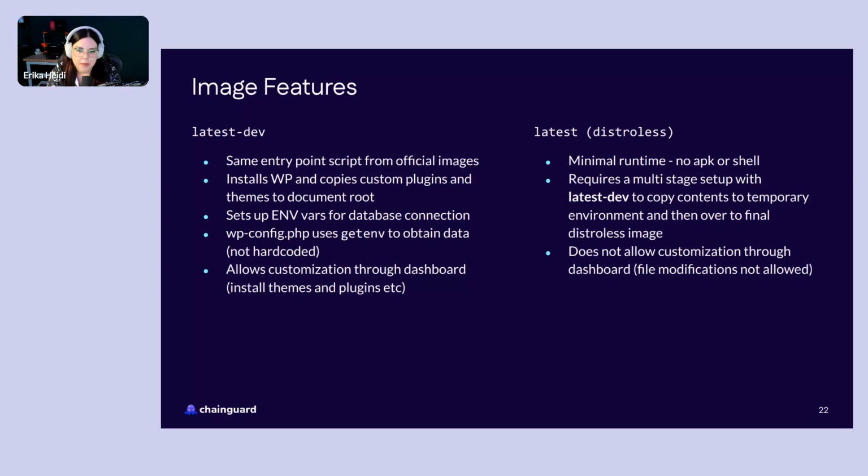You cannot customize it. File modifications are not allowed in the distroless image. So the way to work with that, I'm going to show later on, but you will basically build in one stage and then copy the artifacts to a final runtime that is distroless.